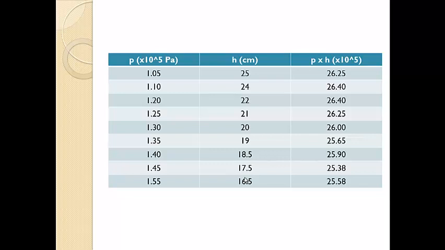And because of that, we have the product of P and H instead of a product of P and V. After collecting the data and having my data table, I draw my graph.